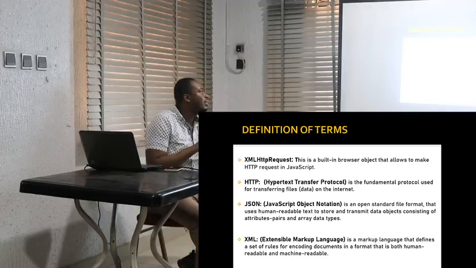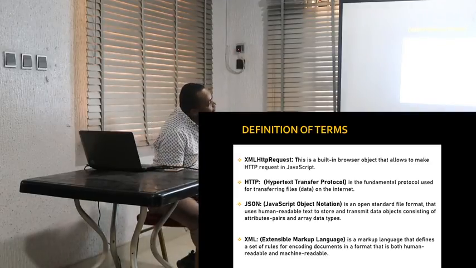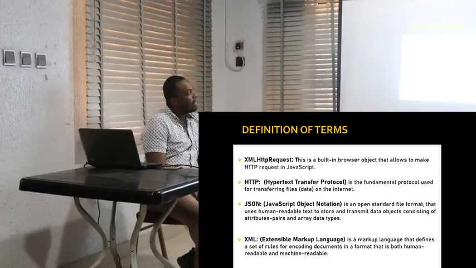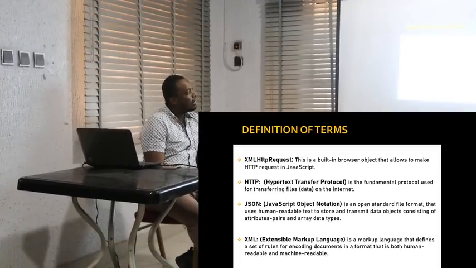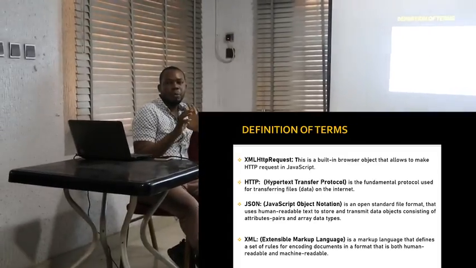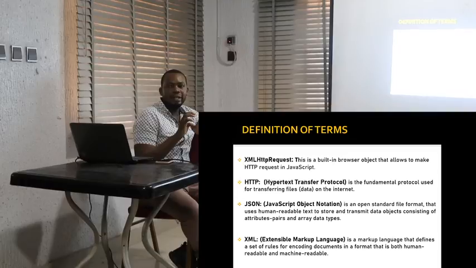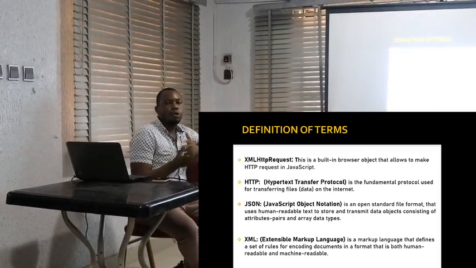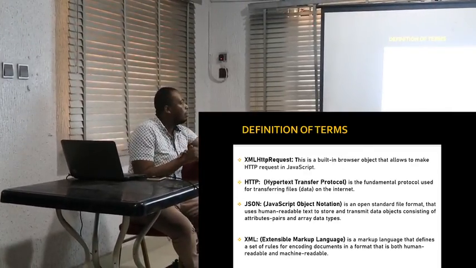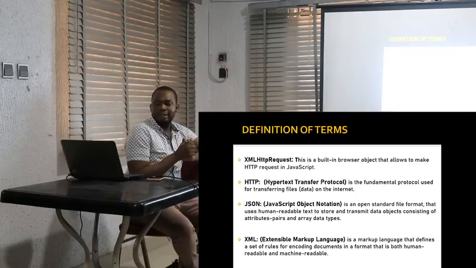HTTP is Hypertext Transfer Protocol. It is a fundamental protocol used for transferring data on the internet. Now we have JSON, the one I explained. It is an open standard file format that uses human-readable text to store or transmit data in array data types.